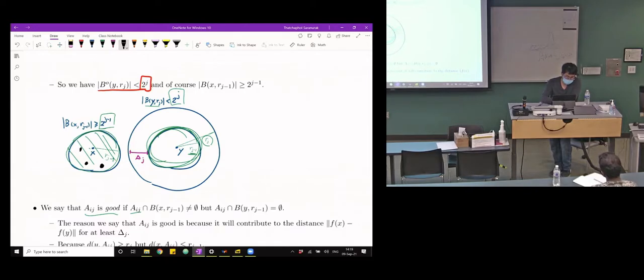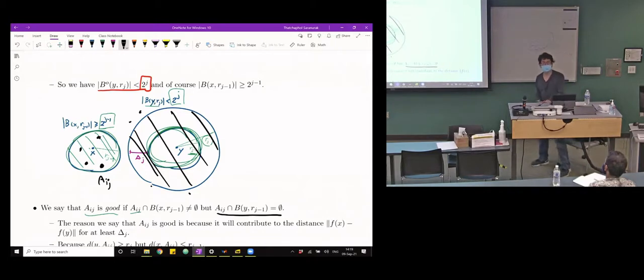If Aij contains something here, but Aij is just disjoint from this, so it doesn't contain anything here. Okay. If this happened, then I say that Aij is good.